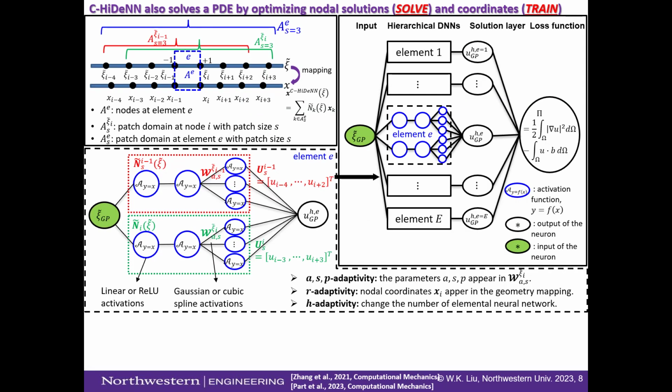So the same idea goes on to solving the same problem, the partial differential equations. So we are using the same structure for each element. But in this case, with this third hidden layer, this convolution layer, we want to leverage the information from the surrounding nodes to construct the nonlinear shape functions like this.